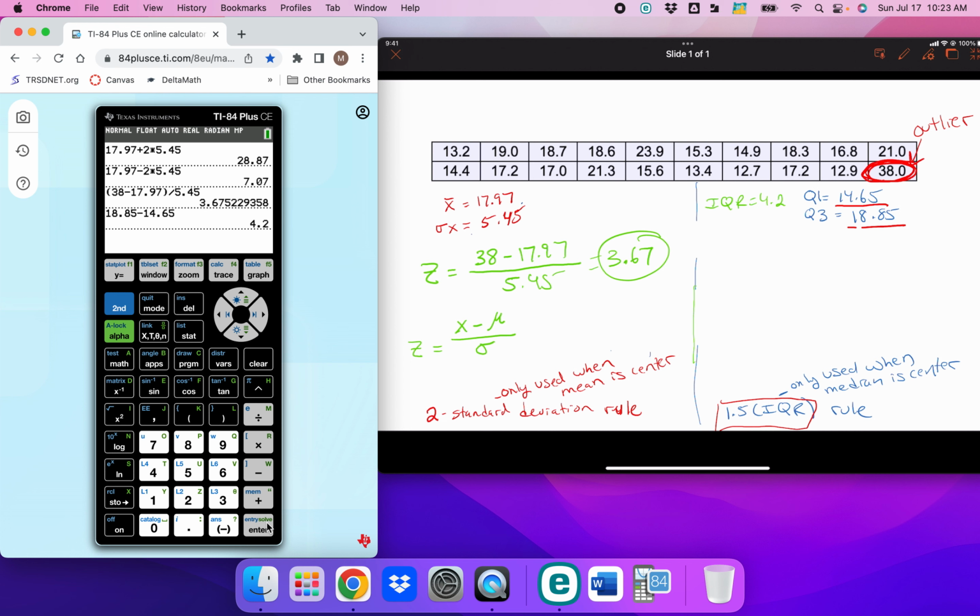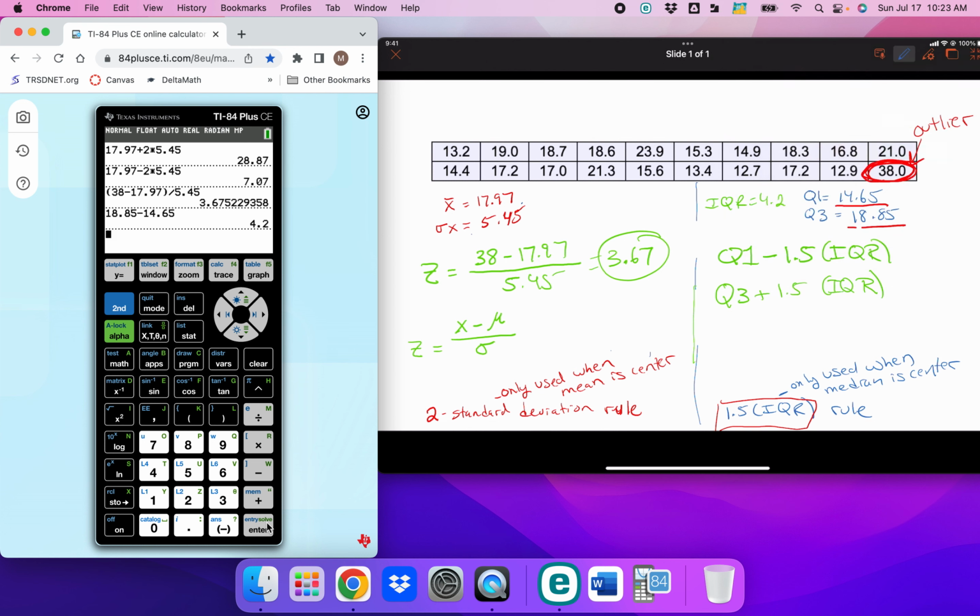In order to find if I have outliers, I take Q1 minus 1.5 times the IQR. This gives me what's called a lower fence. And then to find the upper fence, I do Q3 plus 1.5 times the IQR. Anything lower than the lower fence or higher than the upper fence is an outlier.